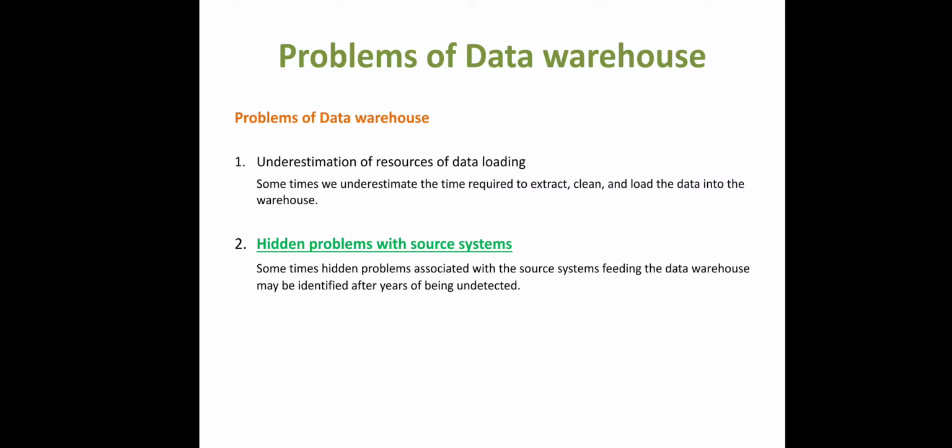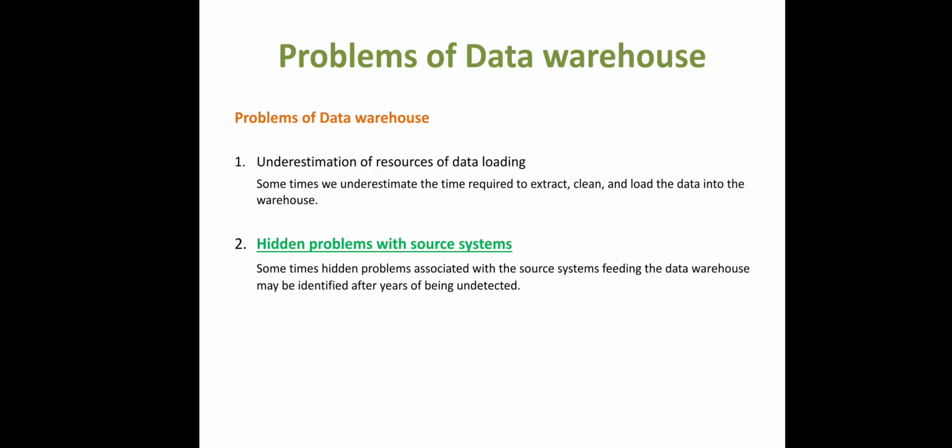So, it may happen that some entries go undetected, and later we come to know that these entries are missing, or that the data was not entered properly in that field. It may be due to staff error or human error, or null fields, or data not being available. So, these are the hidden problems which can occur due to the source system from where we are gathering our data.